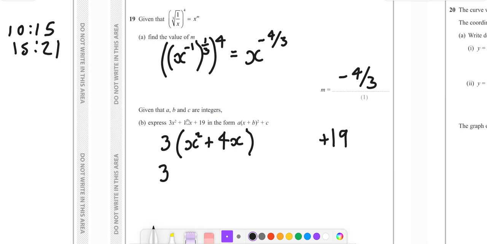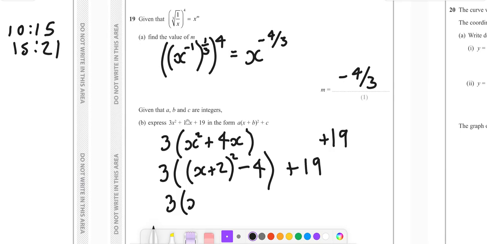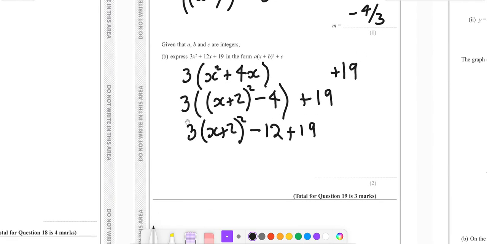So this is 3 brackets x plus 2 squared, but I don't want the 4 that comes when you square that, because I want nothing there, plus 19. Now you have to be careful: I've got 3 lots of this bracket, and I've got 3 lots of the 4, which is minus 12, and then I've got the plus 19. So I've got 3 brackets x plus 2 squared plus 7.